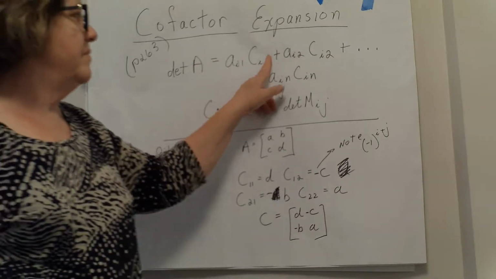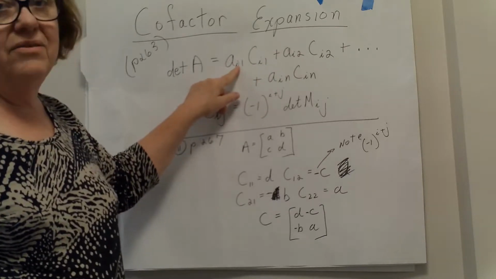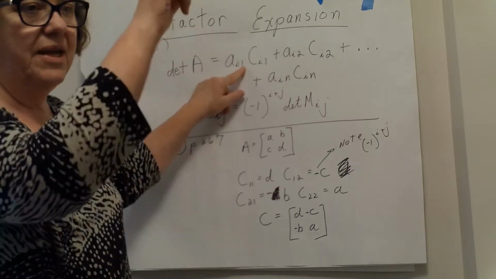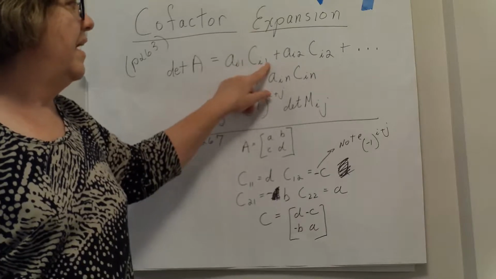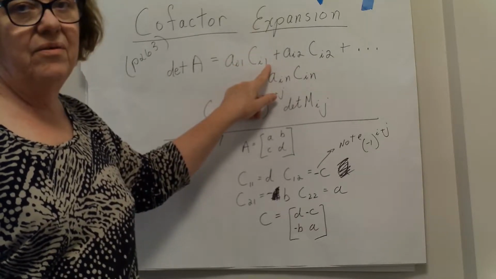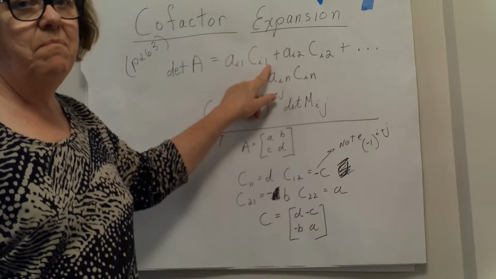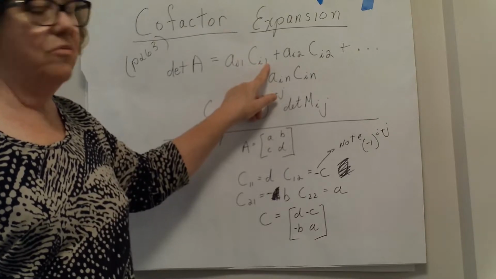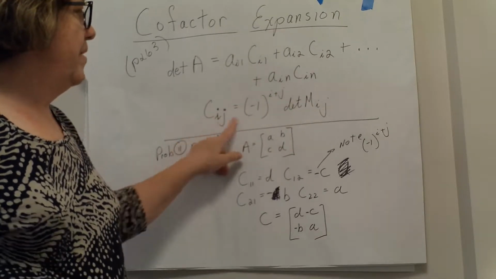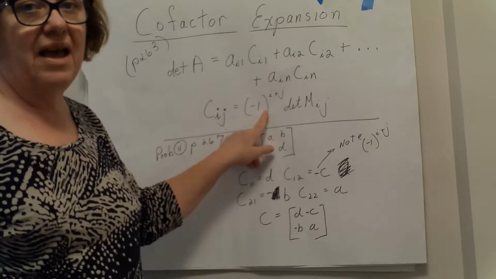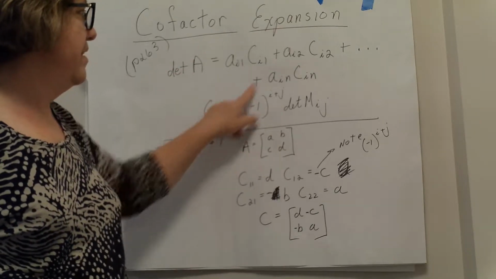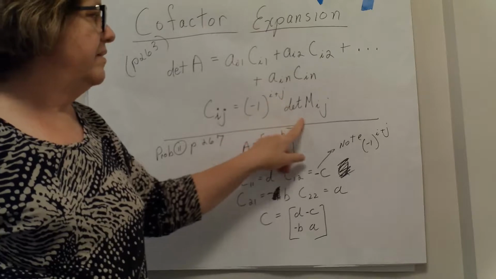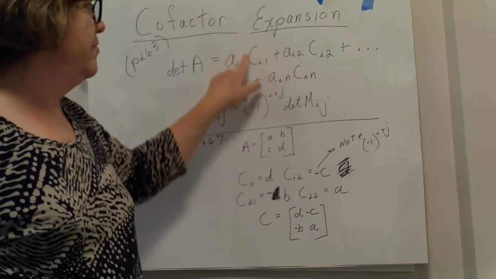And so if you take the entry in the ith row, the first column, then you're going to eliminate that row in that column, and Ci1 represents the matrix you get when you eliminate row i and column 1. And the only problem is, to account for the alternation in sign, we've got to say, well, this cofactor is equal to -1 to the i plus j times the determinant of whatever you're left with here.